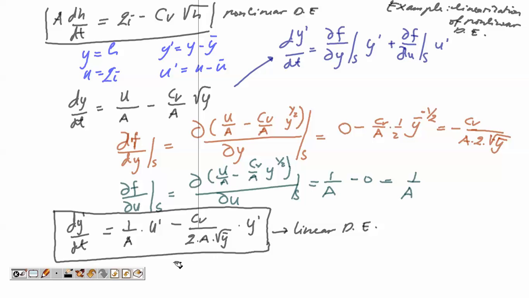Okay, maybe you want to convert again, replacing y by h and u with qi. So for the final, if you want to get the final equation in variables h and q, dh/dt is equal to qi prime minus Cv over 2A.